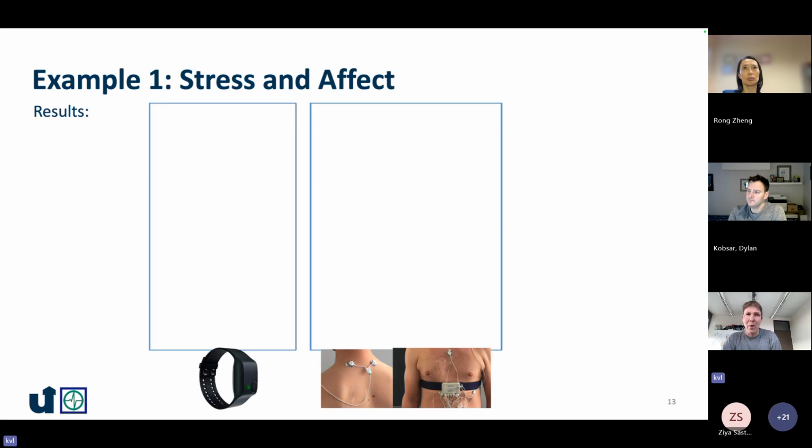Now we had two types of wearables. On the left, you can see what they were wearing on their wrists. Maybe some of you are familiar with this Empatica E4. It's already quite old, but it's still used quite a lot because this is one of those early smartwatch designs for research purposes that people have used a lot.